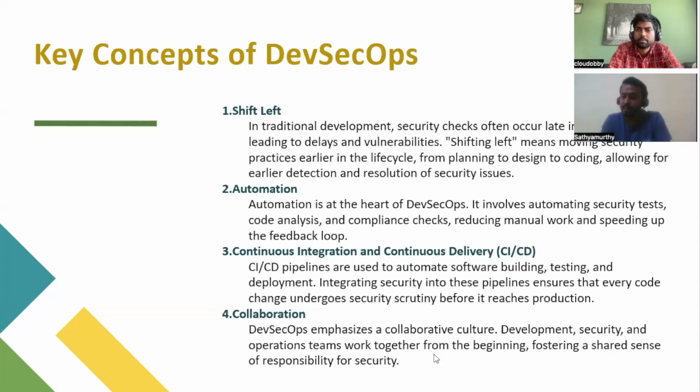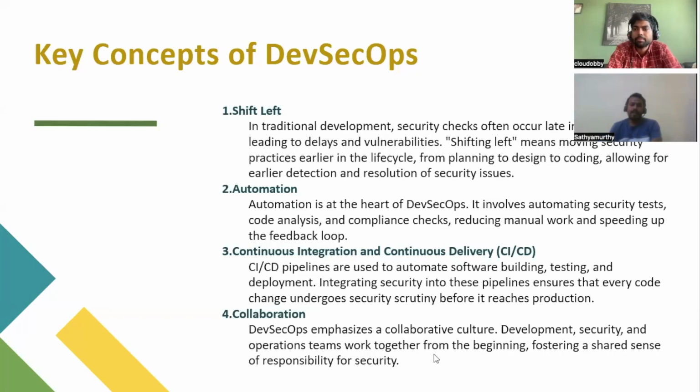These practices enable frequent integration of code changes and automated deployments. Security checks are incorporated into the pipeline to ensure that each build, commit, or deployment undergoes automated security tests, reducing the time between coding and deployment while maintaining security.